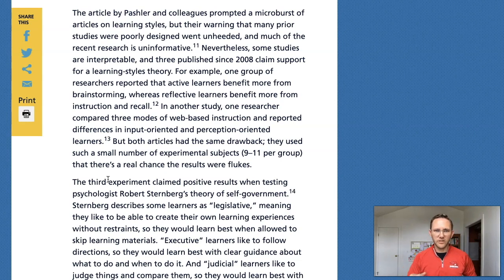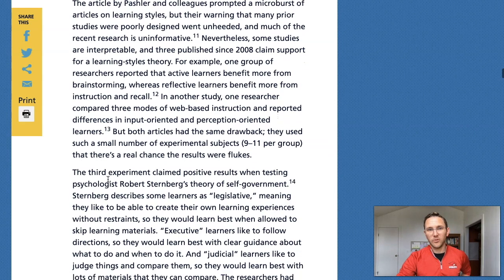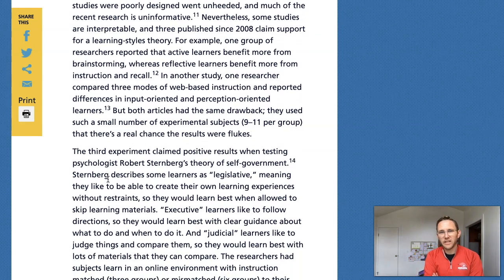Okay, continuing. Nevertheless, some studies are interpretable, and 3 published since 2008 claim support for a learning styles theory. For example, one group of researchers reported that active learners benefit more from brainstorming, whereas reflective learners benefit more from instruction and recall. In another study, one researcher compared 3 modes of web-based instruction and reported differences in input-oriented and perception-oriented learners.